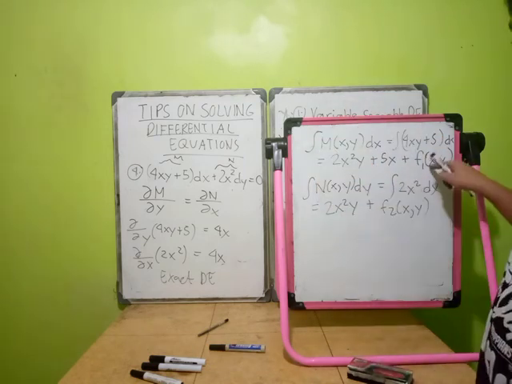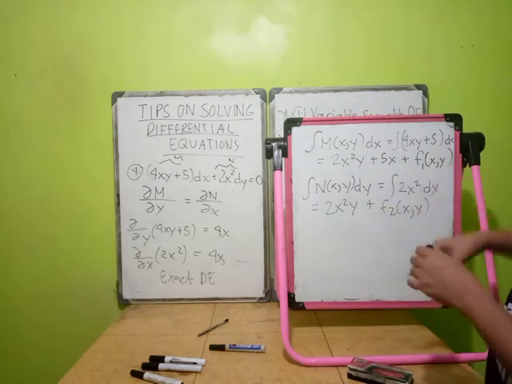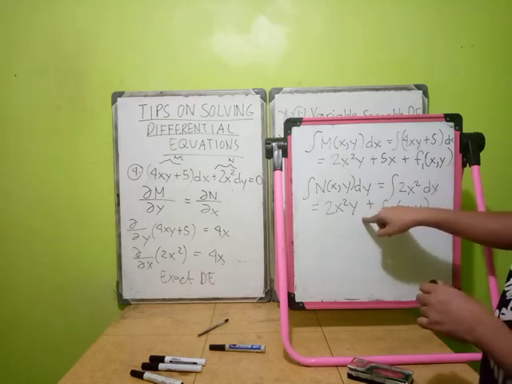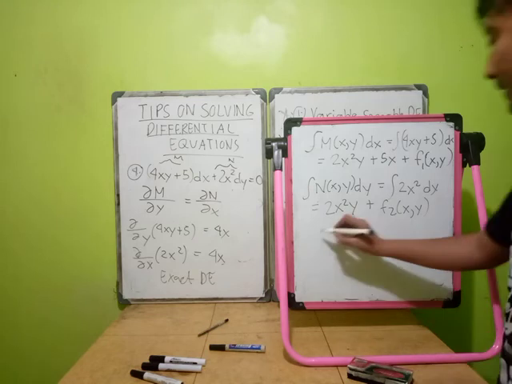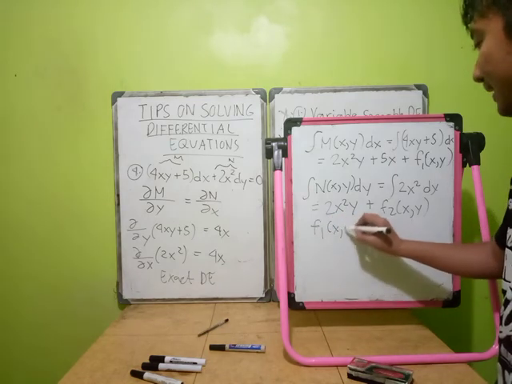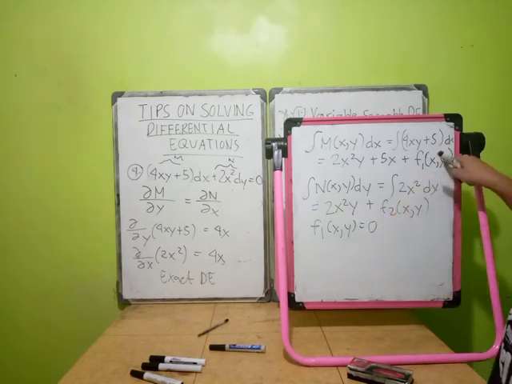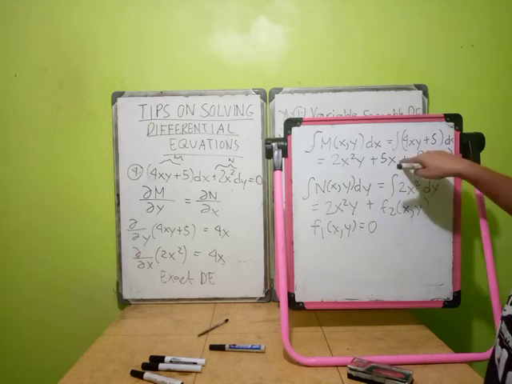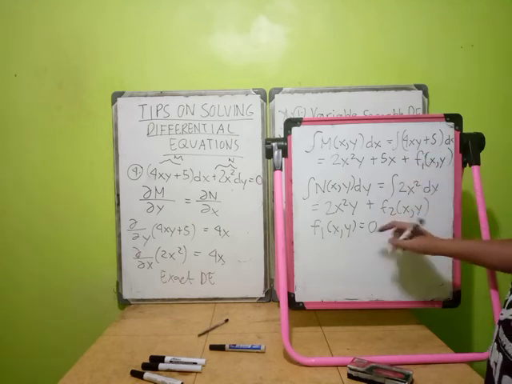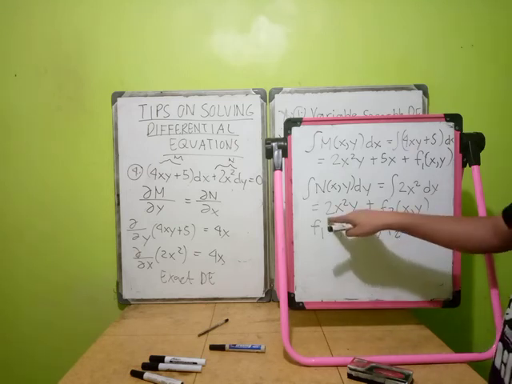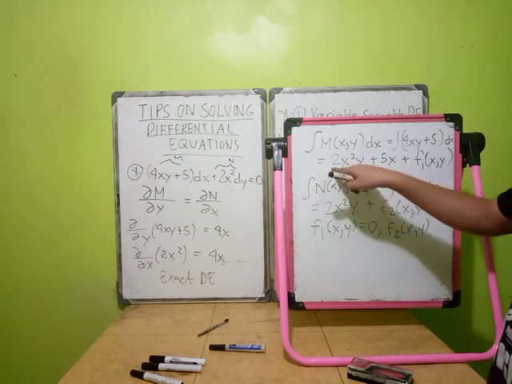Okay, so therefore, ang f1 is something that exists on the integral of n na wala dito. So, si f1 natin, walang nag-i-exist dito na wala dito kay m. So, the f1 is 0. So, si f2 of x, may nag-i-exist ba dito kay m na wala kay n?